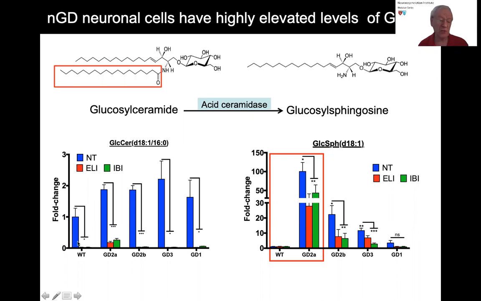So what I'm showing here at the left is that after mass spectrometry, we found, like many other investigators, that in GD2 and GD3 and GD1, there is an increase, shown here in the blue bars, in glucosylceramide.